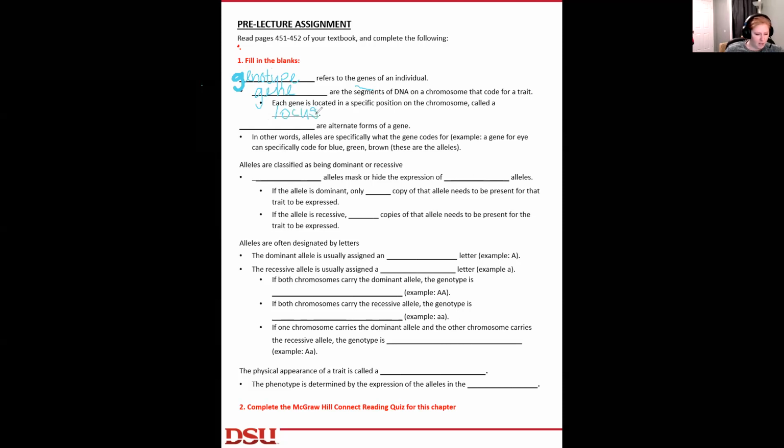Okay. When it comes to alternate forms of a gene, so if I start by talking about hair color, okay, so we all know that there's multiple hair colors naturally, and so hair color is created by a gene, but there's lots of different versions of the hair color gene, okay, and those are called alleles.